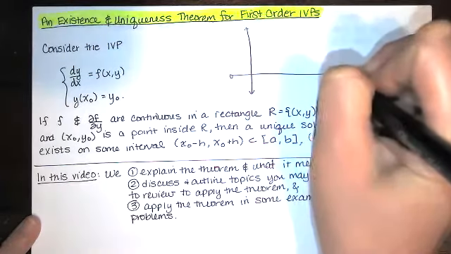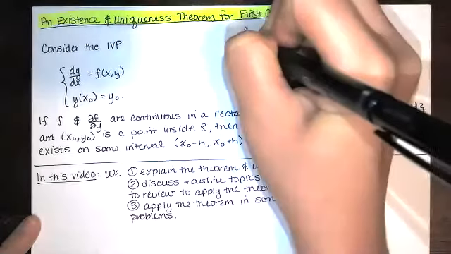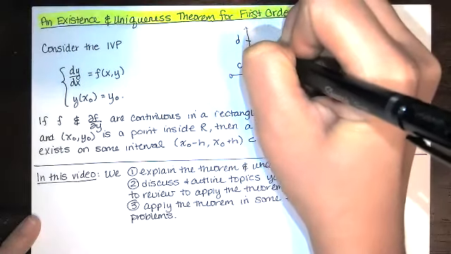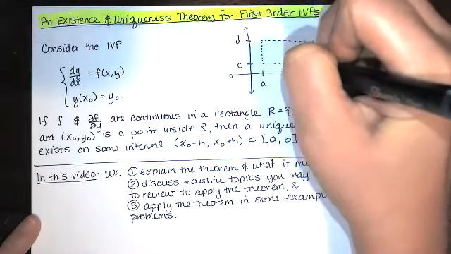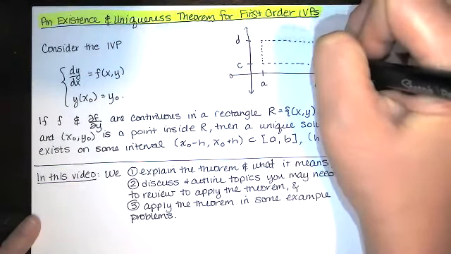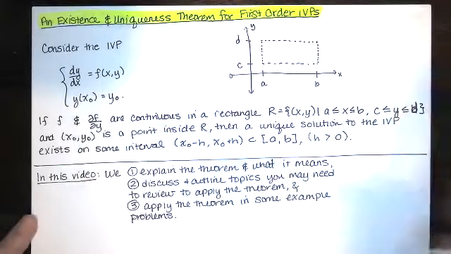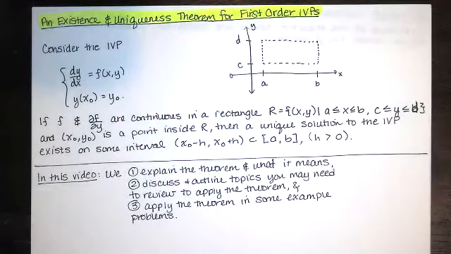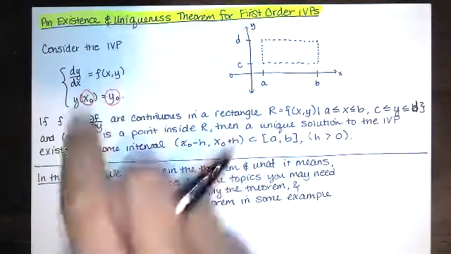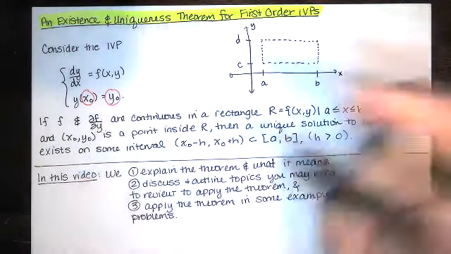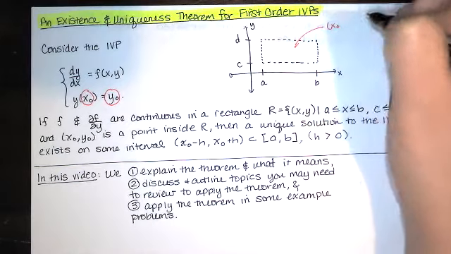X is between A and B, and Y is between C and D. And x naught, y naught, it's very important. That is the xy pair associated with this initial condition. It's on the interior of this region R.